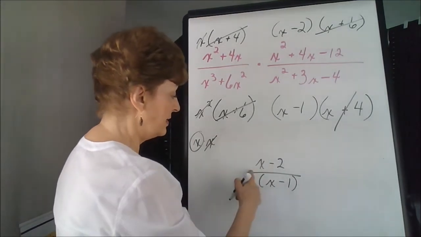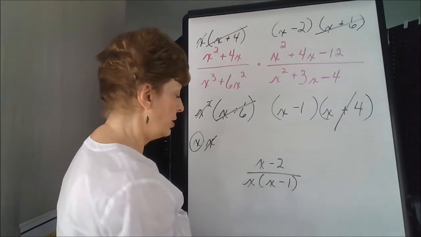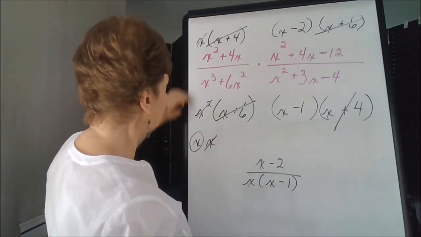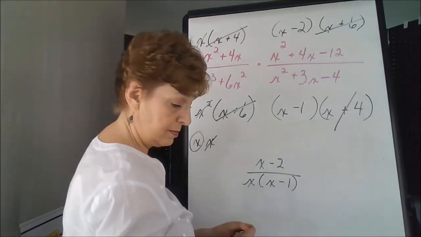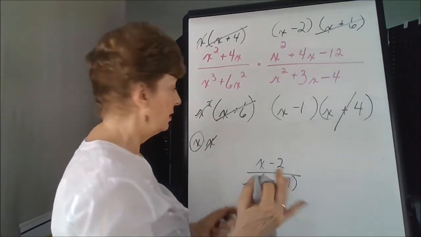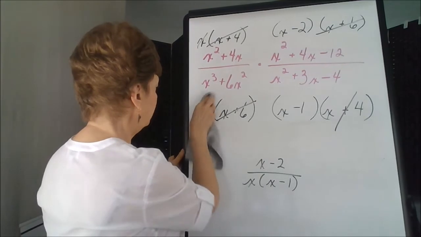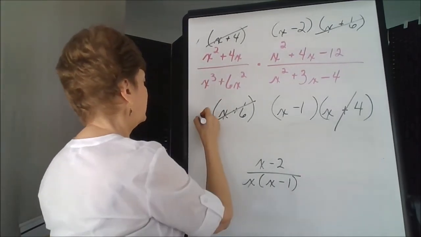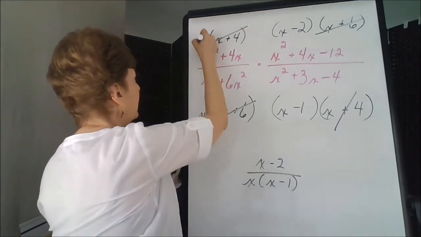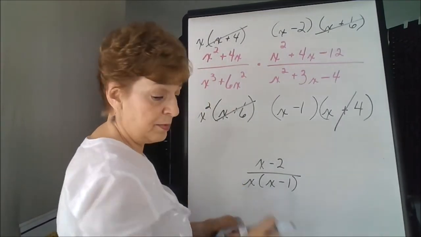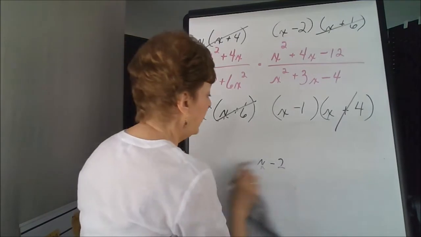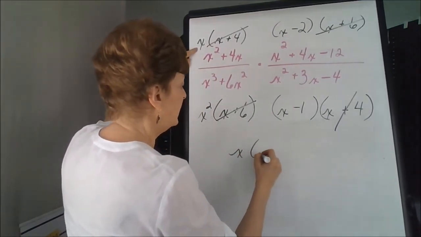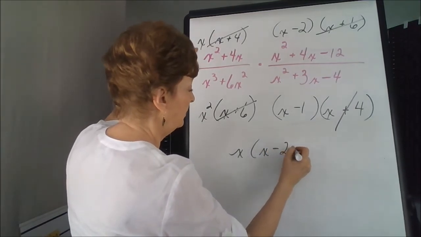I can't wipe this out because this one is attached to the 2. But if I hadn't spotted this one over here, let's say I hadn't spotted this one, and I was left with an x squared and an x. Then when I would have done the multiplication, I would have done x times the x minus 2.